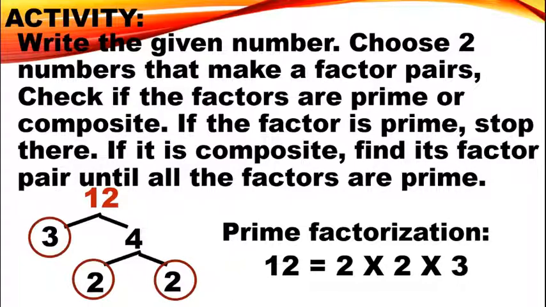How can we assure that these multiplied numbers are equal to 12? We can check that by multiplying 2 times 2, that is 4. 4 times 3 is 12. So 12 is equal to 2 times 2 times 3, the prime factorization of 12.